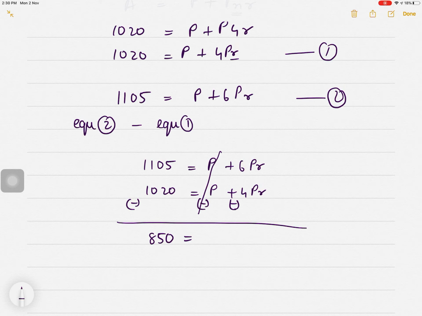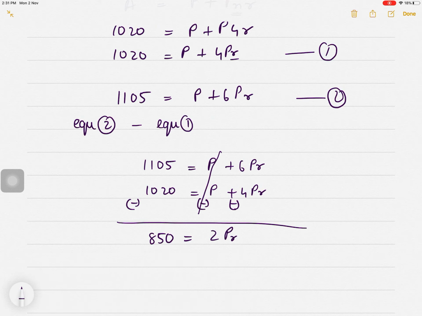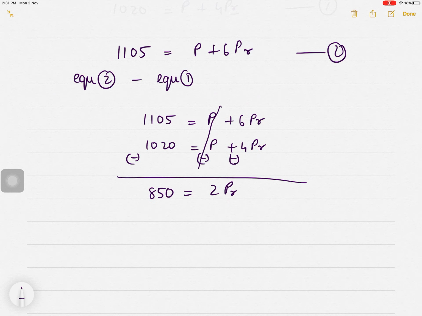So cancel. Right. 6PR minus 4PR is 2PR. Right. 850 is equal to 2PR. Okay. So therefore PR is equal to 850 upon 2.